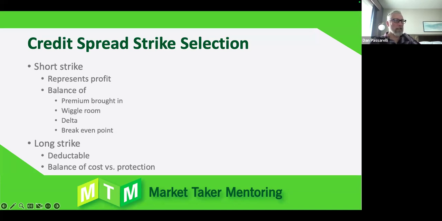It's my insurance policy. If I stay close to the short strike price, my deductible is going to be lowest, and I'm going to pay the most for it. If I go further away from the short strike price with my long strike price, then I open myself up to potentially bigger losses, but also bigger gains.